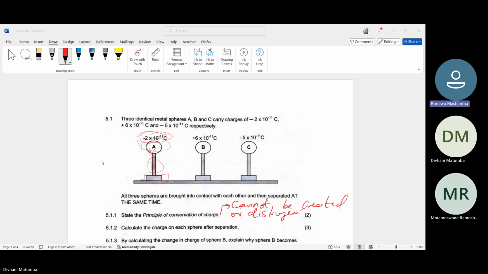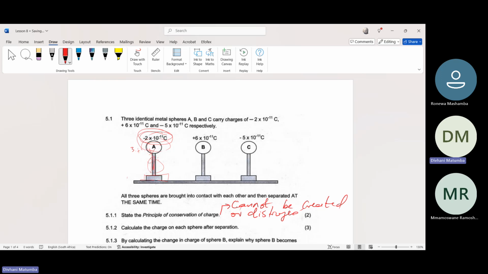I would have guessed that spheres A and C move towards sphere B. Mamson, do you agree? Yes, I agree. That is true, because sphere A went from minus 2 times 10 to the power of minus 11 to 3.3 times 10 to the power of minus 12, which is lower than the initial charge.